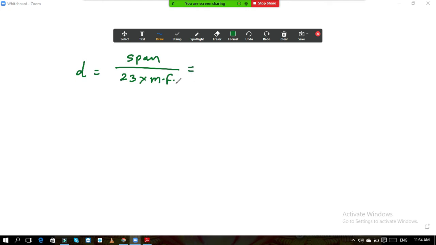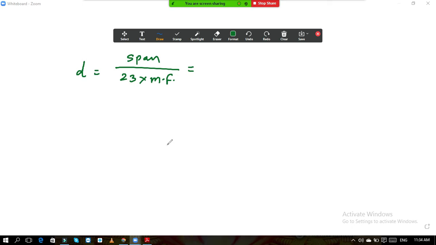Now how much is the span? Now your slab is the end slab. Okay, so it is given as 15 meter is the total length, so the length of each panel is 3 meter.